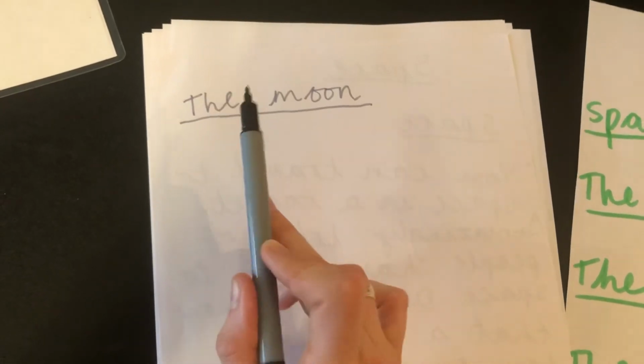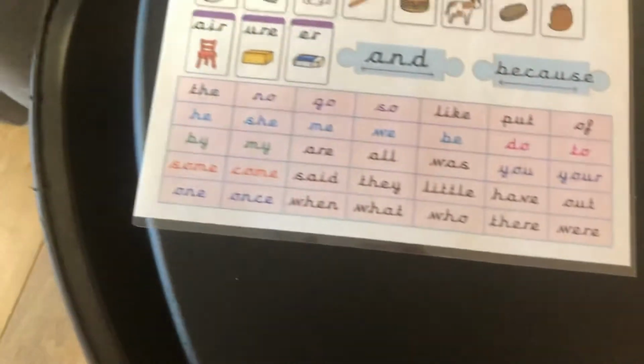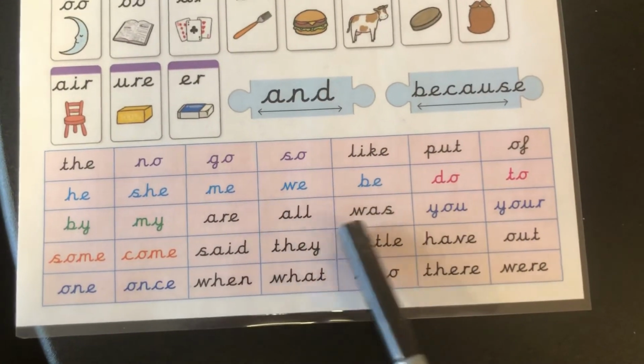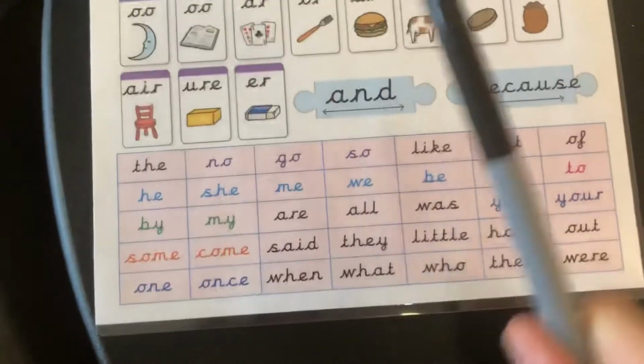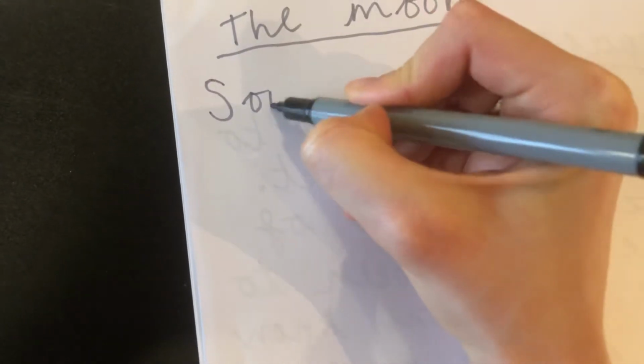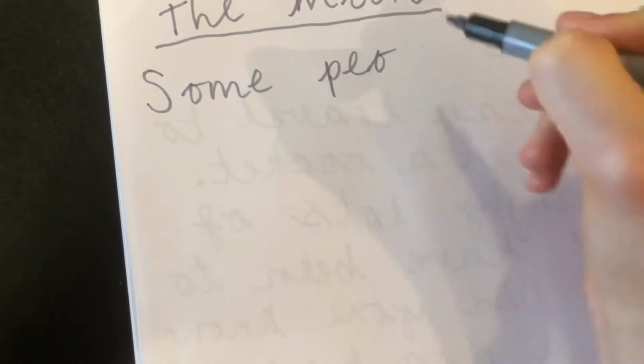So, some people have been to the moon. Some is a tricky word. I can see it on the word mat. Oh, there it is in orange. Some, I need a capital S. Some people, that's a tricky word.